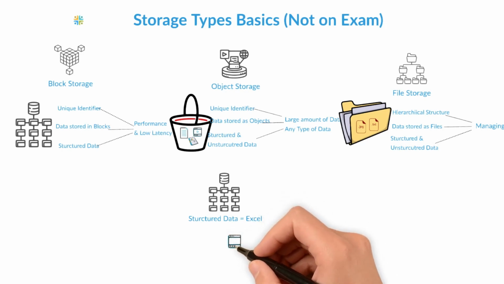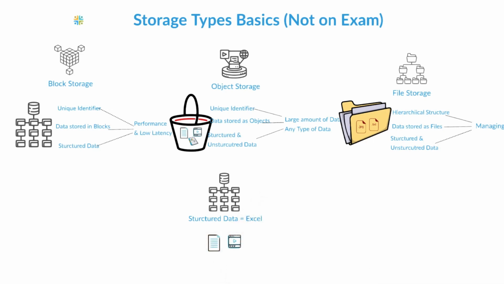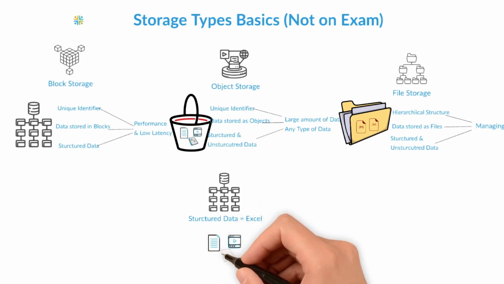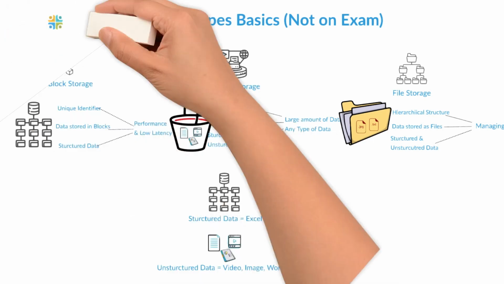When you think about unstructured data, think about an image or Word document or video. There is no structure to this, but you still need to be able to analyze it or store it. The exam won't have questions on this, but you do need to understand the basics to understand the AWS services we will discuss in the next slide.